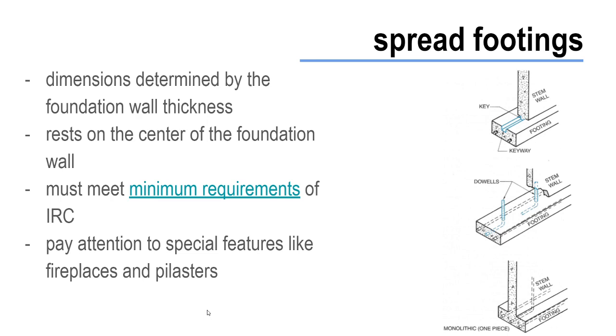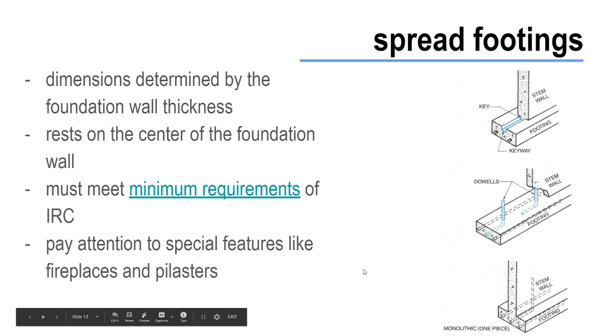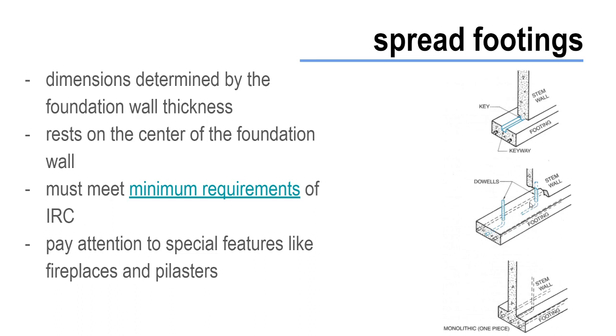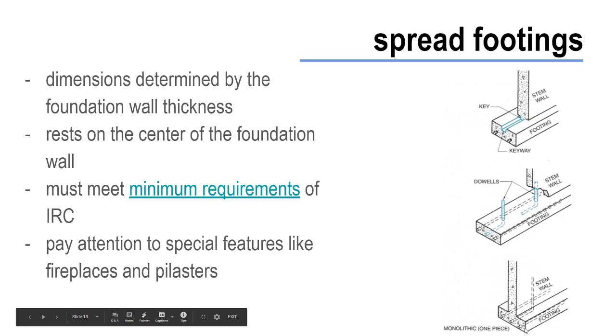Other things that you may see related to your footings or foundation are related to the type of construction. You'll see this a lot in the section view. It may be that dowels are used to connect your foundation wall to your footing. It may be that a key is being used to connect the two of them, or it could be monolithic, though we're seeing that a lot less now.